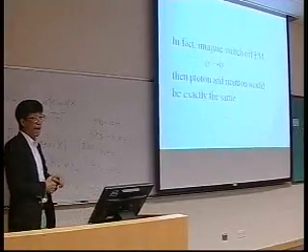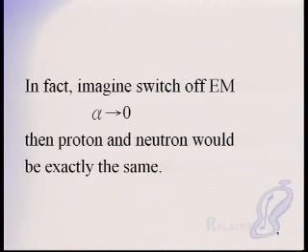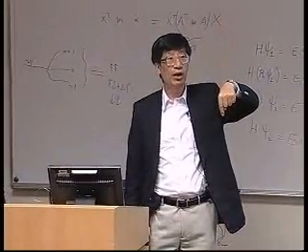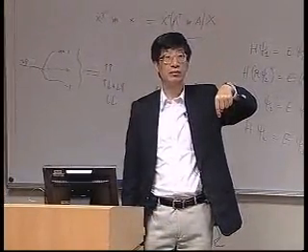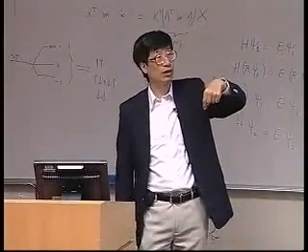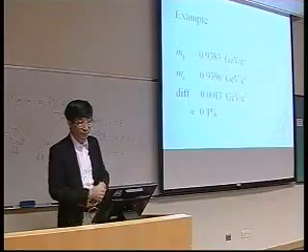So in fact, let me imagine I switch off EM. That is, I set alpha going to 0. Then the postulate is that in that limit, the proton and neutron would be exactly the same, like a spin-up electron and a spin-down electron when there is no magnetic field. Okay? They are the same. You can just do a rotation and change one to the other without changing the physics.